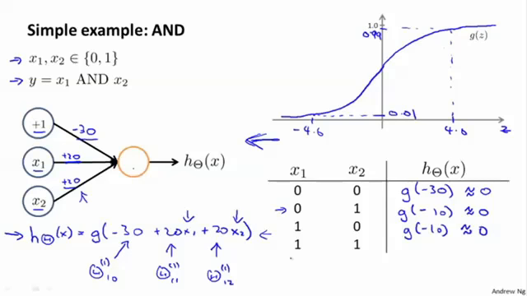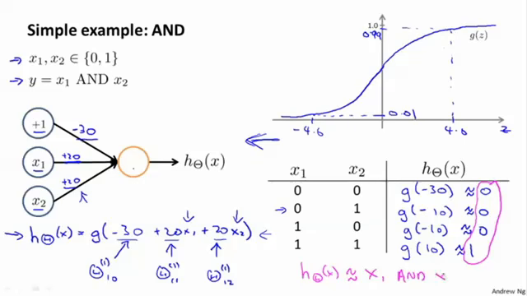And finally, if x1 equals 1, x2 equals 1, then you have g of minus 30 plus 20 plus 20. So that's g of positive 10, which is therefore very close to 1. And if you look in this column, this is exactly the logical AND function. So this is computing h of x approximately equal to x1 AND x2.